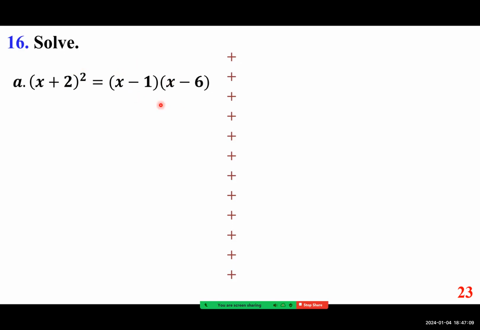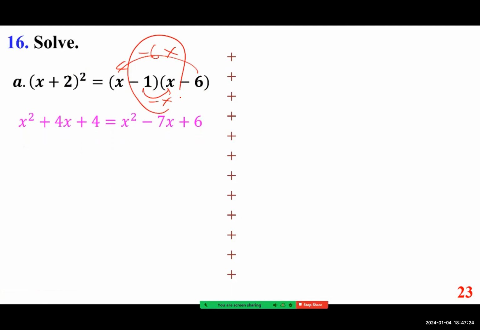This one is x squared, this is minus x. I hope you see that this is plus 6. So I want to make sure that you see that this is minus 6x. The middle term, you should be able to do it in your head, minus 7x. As I said, minus 1 and minus 6, the product is 6.